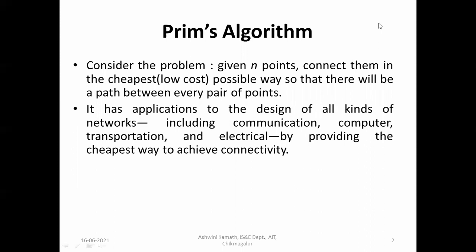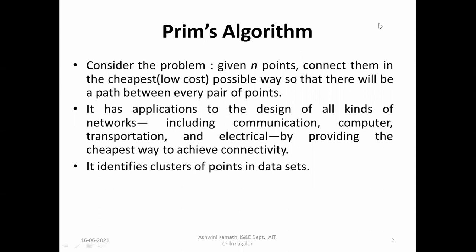It has many applications in the design of all kinds of networks. For example, communication network, computer network, transportation network, electrical network, by providing the cheapest way, that is with low cost, to achieve connectivity. It identifies clusters of points in data sets.